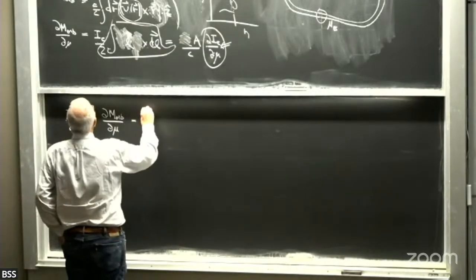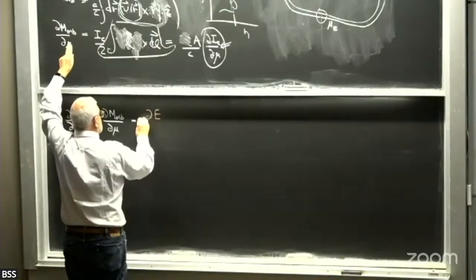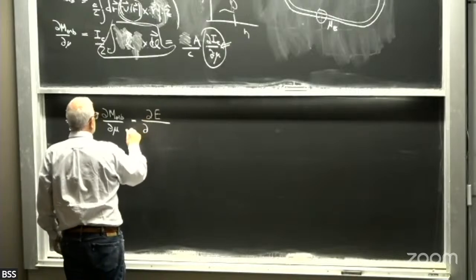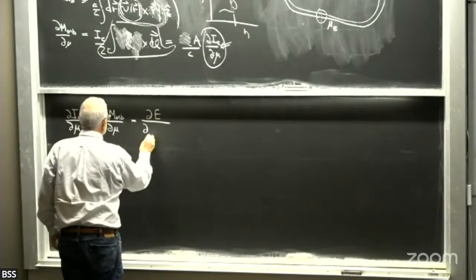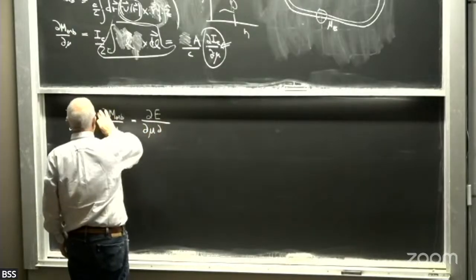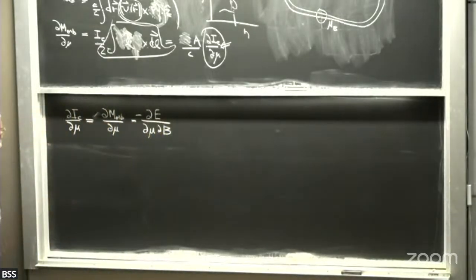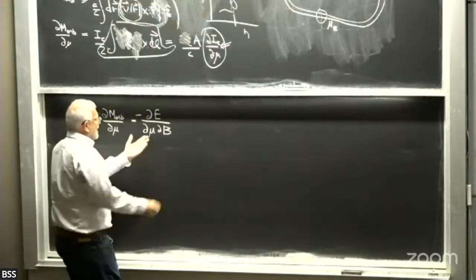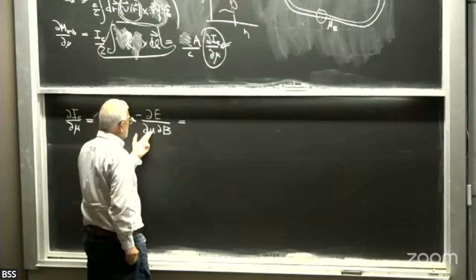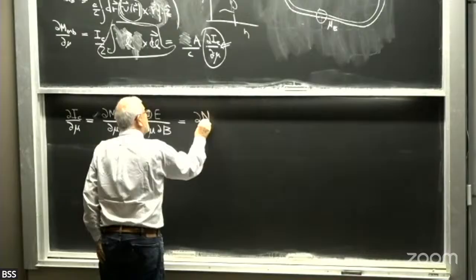But the orbital magnetization, as we said at the beginning, in terms of ground state expectation values, is minus the derivative of the ground state energy with respect to B. And this is some kind of Maxwell relation: dE d mu at zero temperature is minus the number of particles. So this is dN dB.